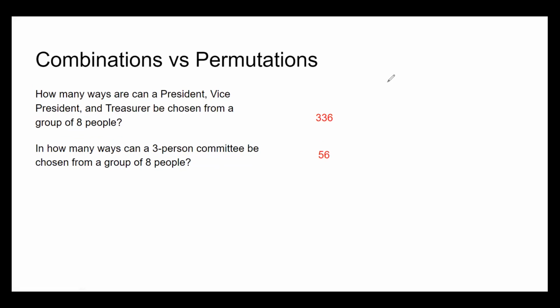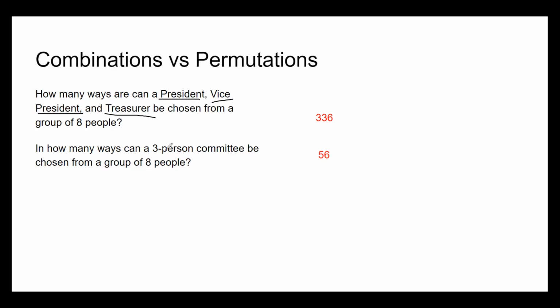An easy way to tell the difference is whether it's specific or not. For the first question, president, vice president, and treasurer are three separate roles. If one person is president in one scenario, and vice president in another scenario, the two scenarios are different.